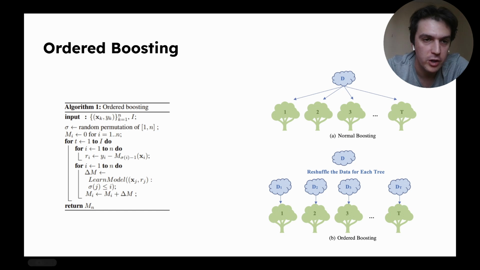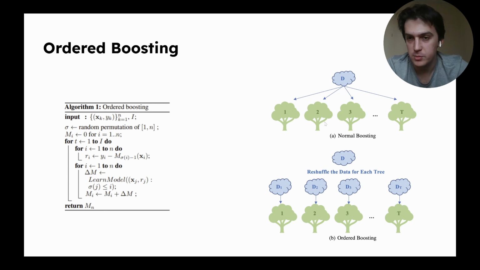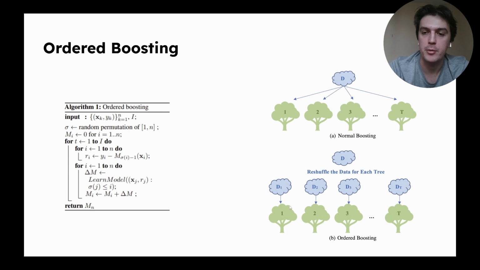This is the pseudocode of how ordered boosting works on the left, and on the right, on the top, would be using your whole training data set to build every tree in the boosting process. This would be what XGBoost does. Whereas on the bottom, you reshuffle, create permutations every time, and train only up until a certain point in that permutation.